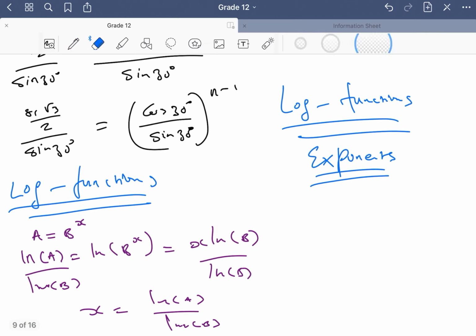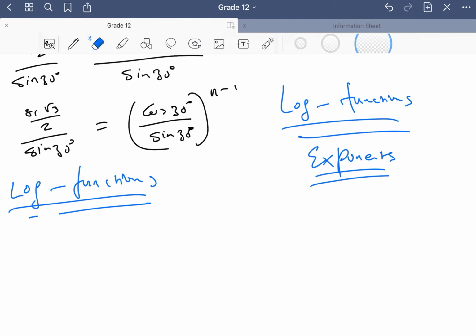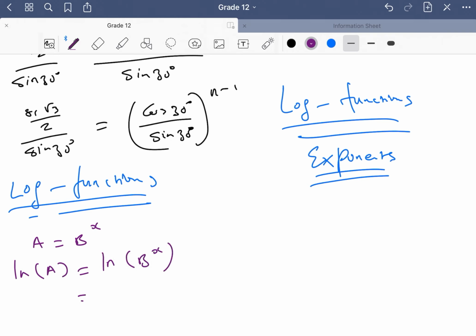That's basically what we're going to be doing here. So what you need to remember is, if you have a situation where you have a equals b power x, and they ask you to solve for x, just introduce the natural log on both sides. The natural log of b power x, that power x can be 2, can be any number, as long as it's an exponent, you bring it down.